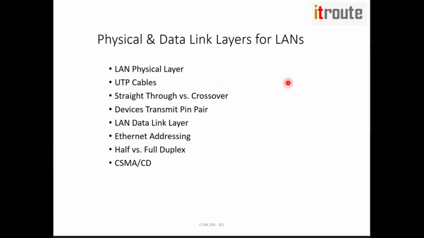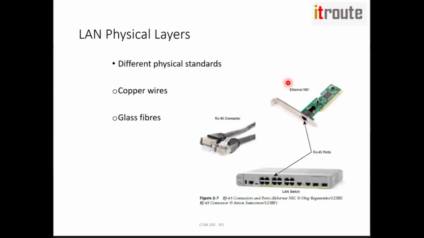Now, let's have a look at physical and data link layers for LANs. For LAN physical layers, we have different physical standards. That means we have copper wires and fiber wires. In our network environment, we can have Ethernet connectivity, or Ethernet cable. An Ethernet cable looks like this. They are called the RJ45 standard.